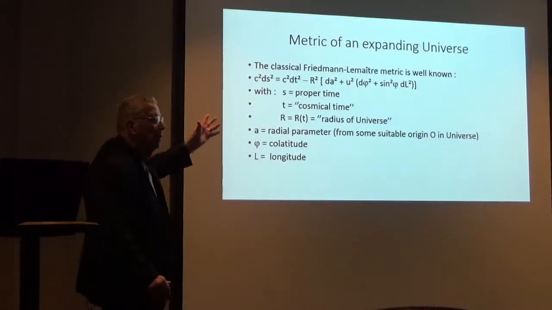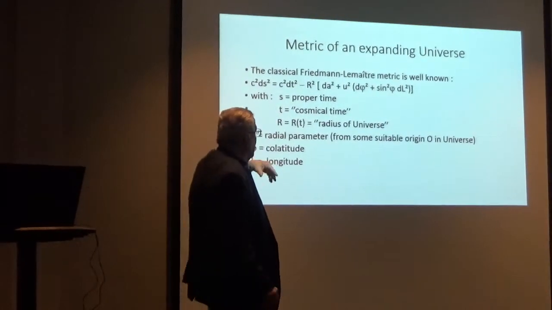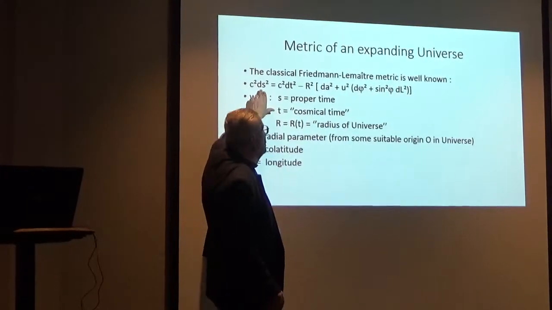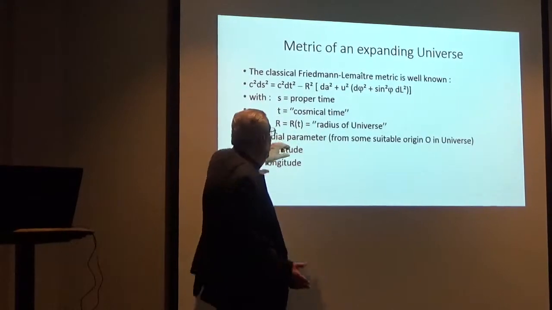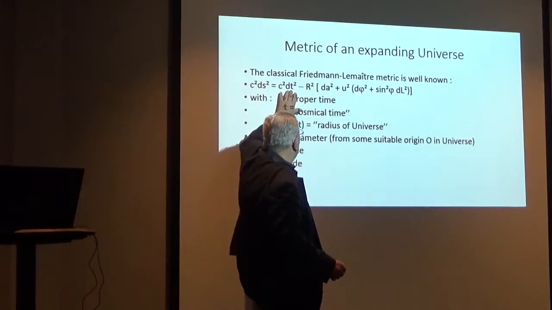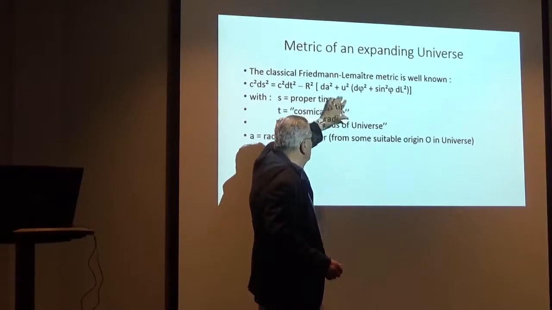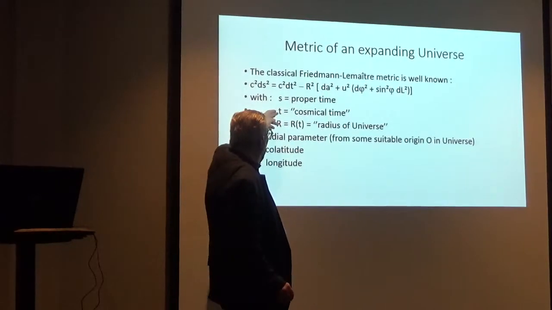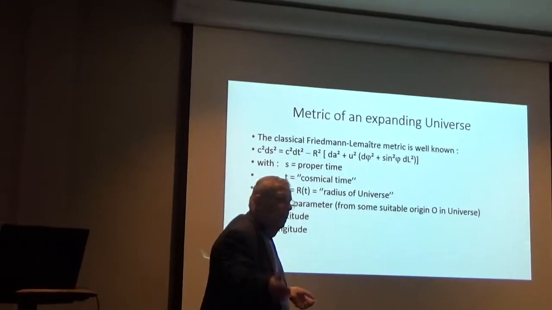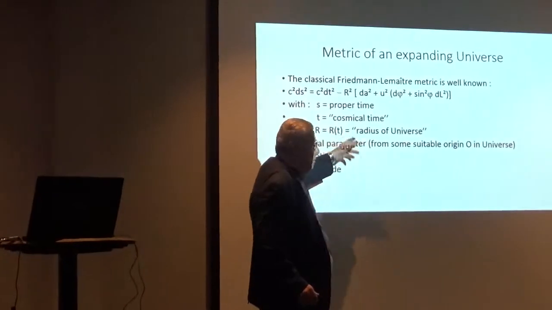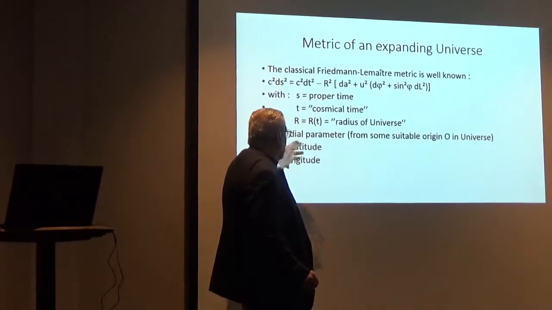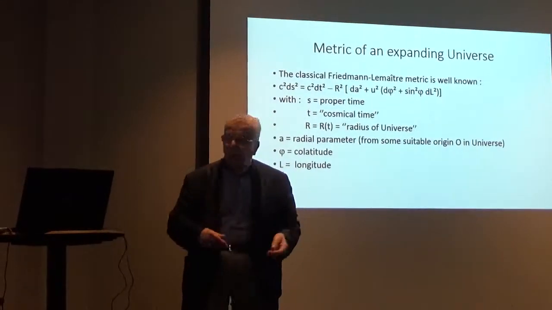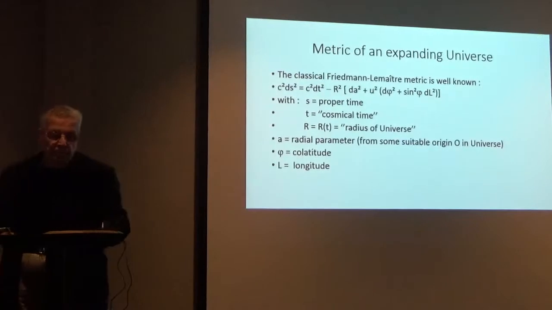You have there the classical Friedman metric with the interval. ds is the proper time, something that makes the differentials dt, dA, dphi, dL. Classical. s proper time, t cosmic time. R, the radius of the universe, a radial parameter, latitude and longitude, the usual expression.